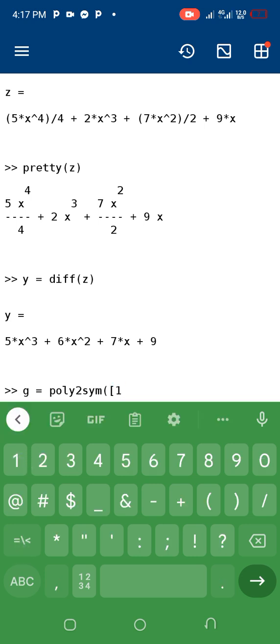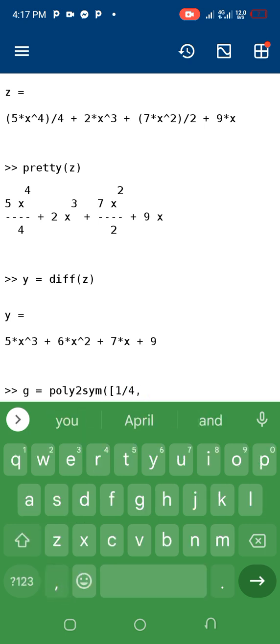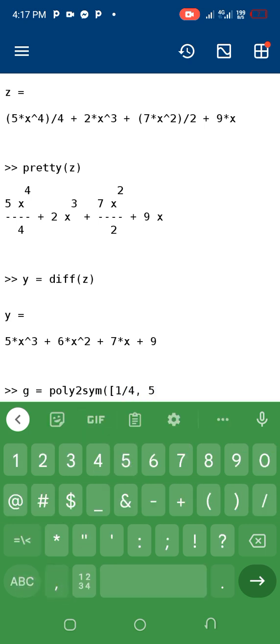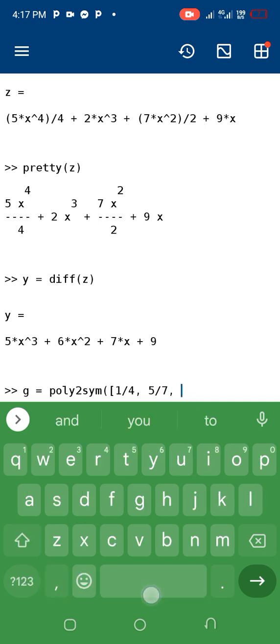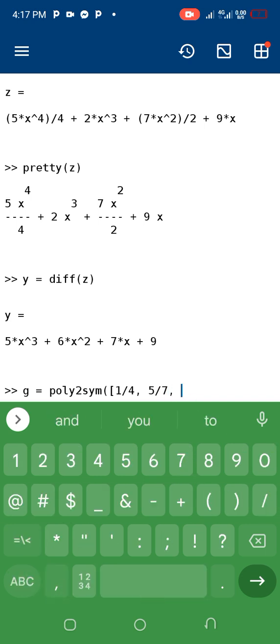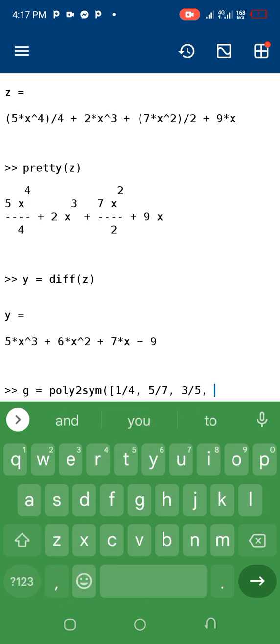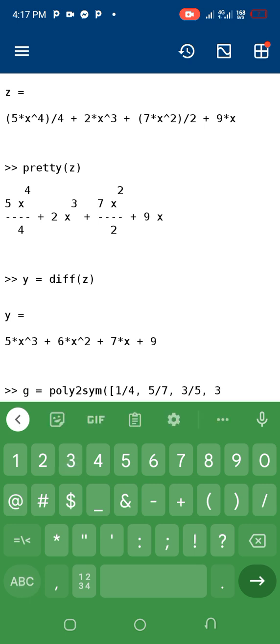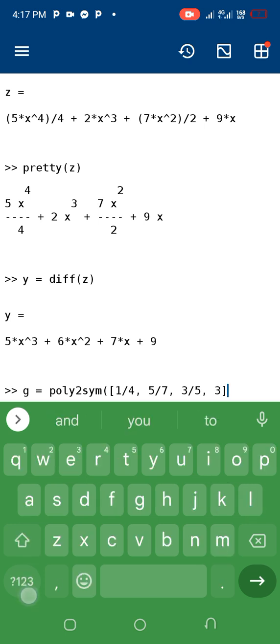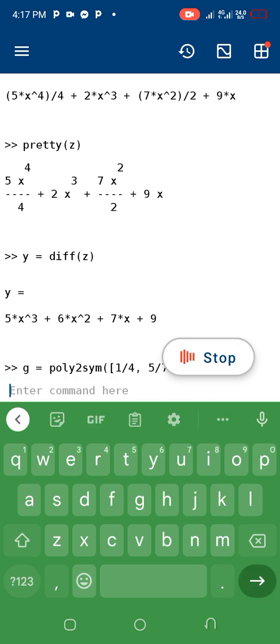We have 1 out of 4, comma, 5 out of 7, comma, maybe 3 out of maybe 5, comma, maybe 3. So we close with our parentheses.